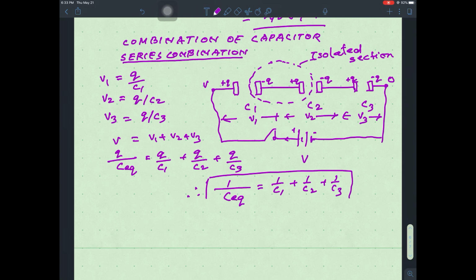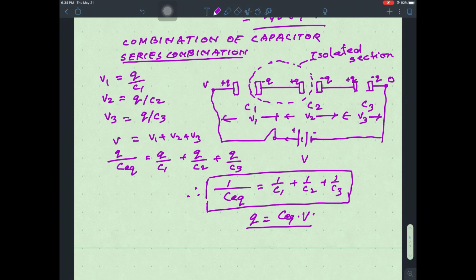This is the expression for the equivalent capacitance of three capacitors connected in series. Here you should understand that the total charge given by the battery, Q, is equal to C equivalent into V, the potential difference of the battery.